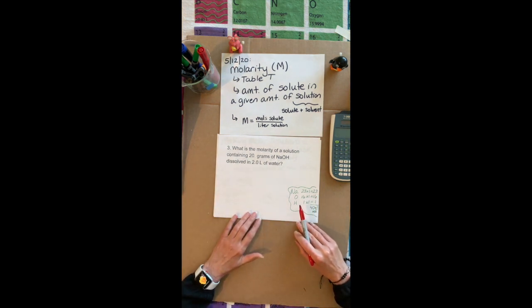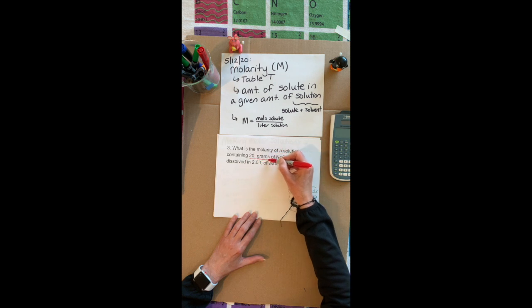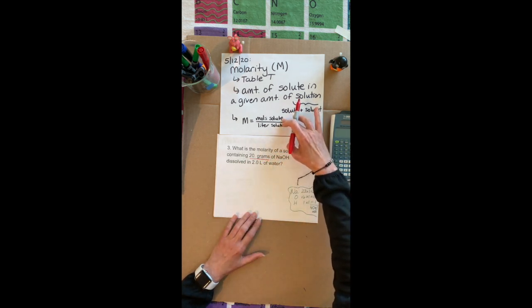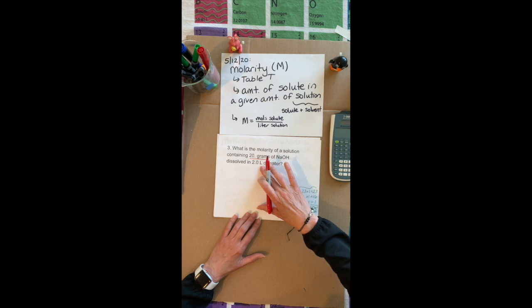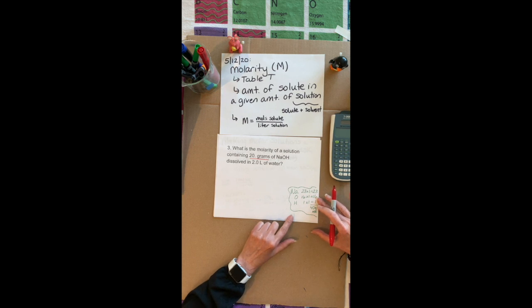Our third example. What is the molarity of a solution containing 20 grams of sodium hydroxide dissolved in 2 liters of water? So now I'm going to underline here, grams. We need to convert grams to moles. We already have liters here, so we're just going to plug in that number there, but we need to make that conversion. And so I did this over here as a reminder when we calculate the gram formula mass. Each sodium atom has a mass of 23, oxygen 16, hydrogen 1. We add that up.